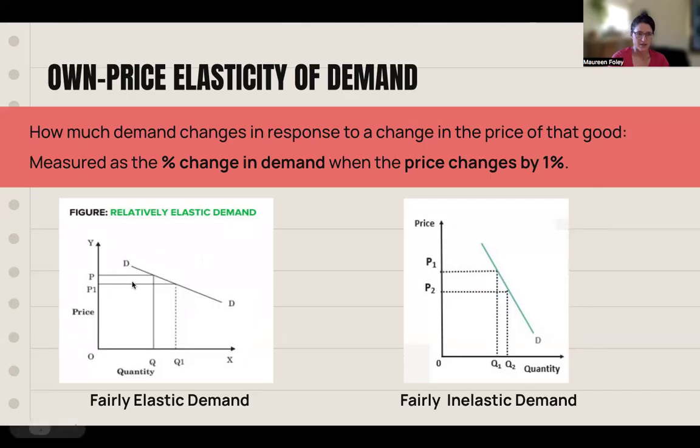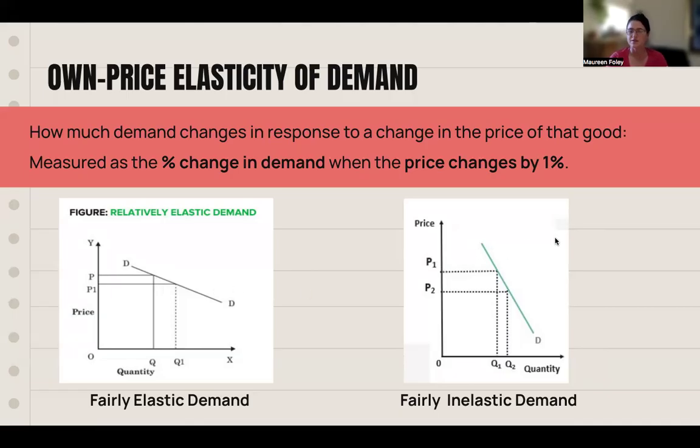This line tells us that a small change in price results in a large change in quantity demanded. So goods that are relatively elastic, the quantity demanded is really responsive to the price. If you raise the price a little bit, you're going to sell a lot less. And if you lower the price a little bit, you're going to sell a lot more. That's a fairly elastic good.